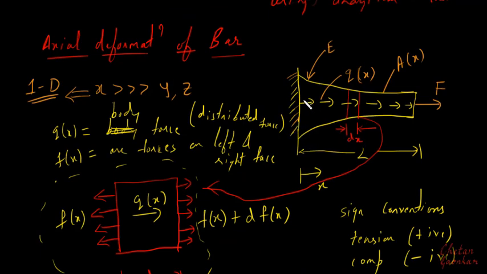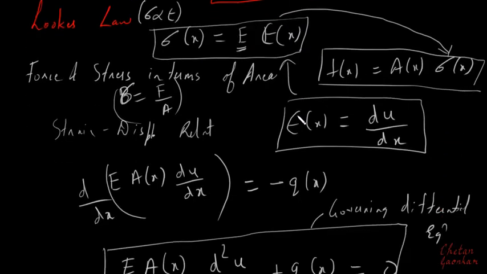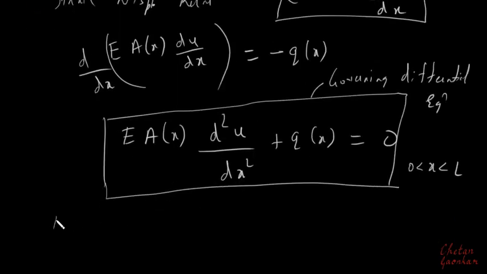Of course, we cannot solve this problem unless we use something called boundary conditions. Here the boundary condition is, since it is fixed on this end at x equal to 0, the displacement at this point will be 0. So our first boundary condition will be, at x equal to 0, the displacement will be 0.